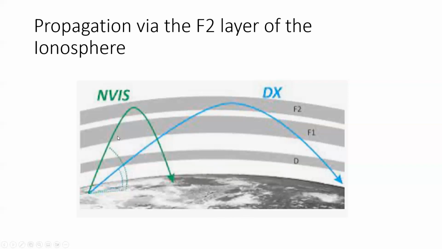Well, NVIS communications can somewhat fill in the zone, and it's usually on what I'll call the lower bands, 80 and 40 meter bands and so forth. Sometimes people doing awards have the hardest time talking to people near them.